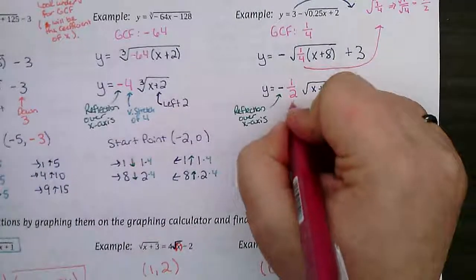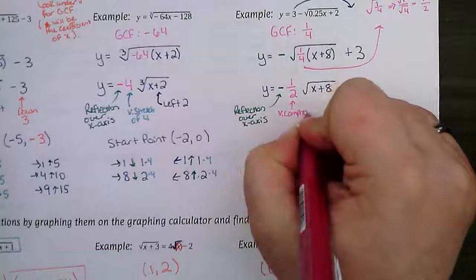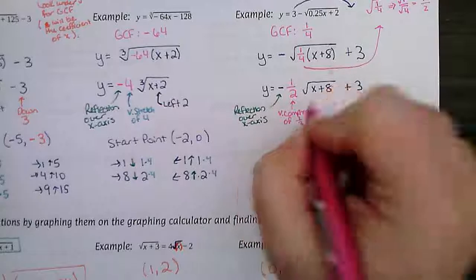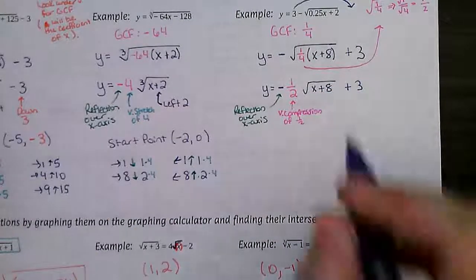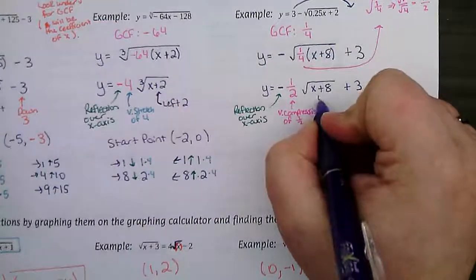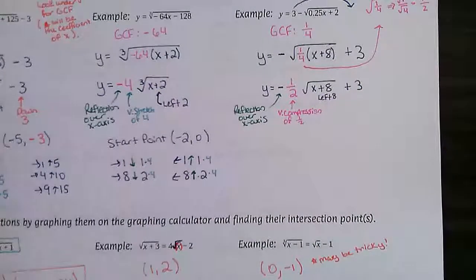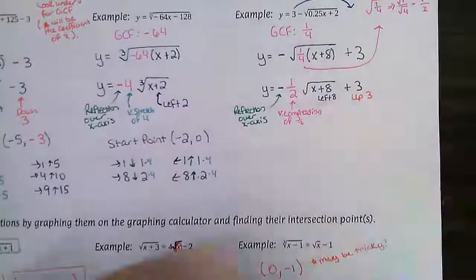Since it's smaller than 1, it's a vertical compression. Eight inside is a shift left or right. Since it's positive, that's going to go left 8. And the 3 is up or down. Since it's positive, it's going to go up 3.